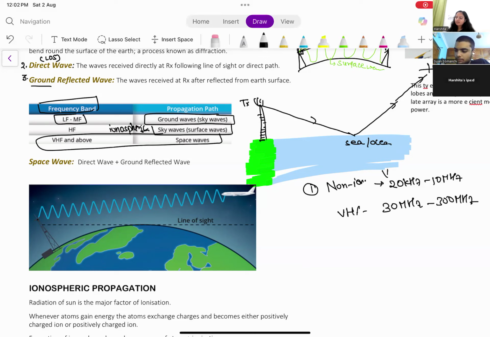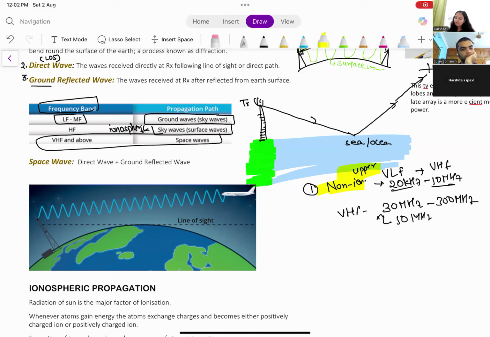So we said that this is the upper side of VLF, because 20 kilohertz is near the upper end, no, 30 kilohertz. And the lower end of VHF is nearly 50 megahertz, correct? This band covers upper VLF till the lower VHF, correct?